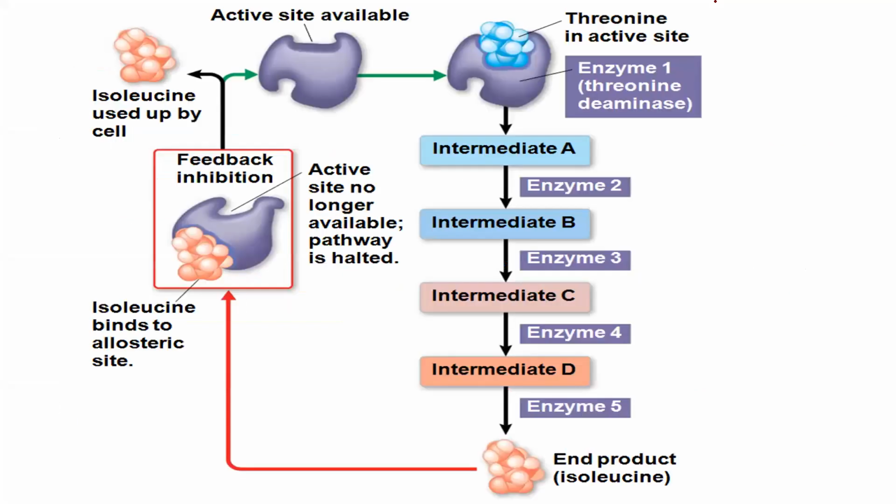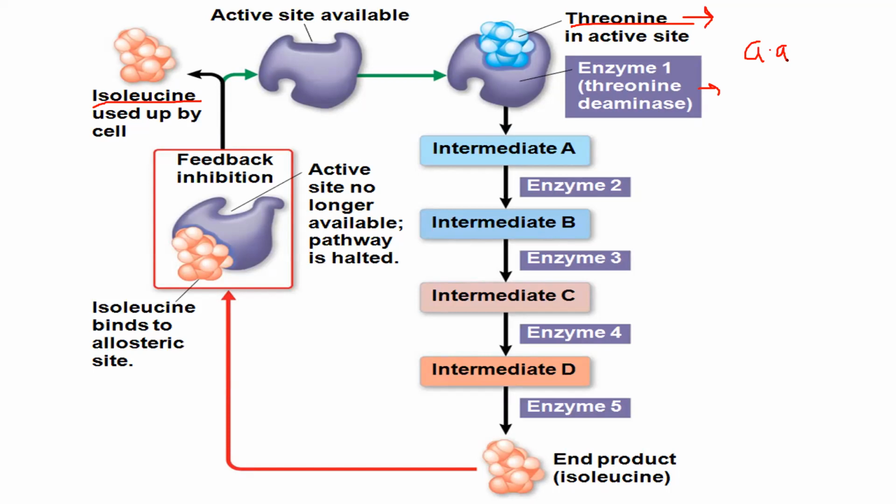Okay, so this is a diagram. Okay, so you have here the first enzyme, threonine deaminase. Okay, threonine deaminase is the first enzyme. So the substrate for threonine deaminase is threonine. Threonine and isoleucine is a type of amino acid. Okay, so this chemical reaction or metabolic pathway is an example of metabolic pathway that occurs inside E. coli.